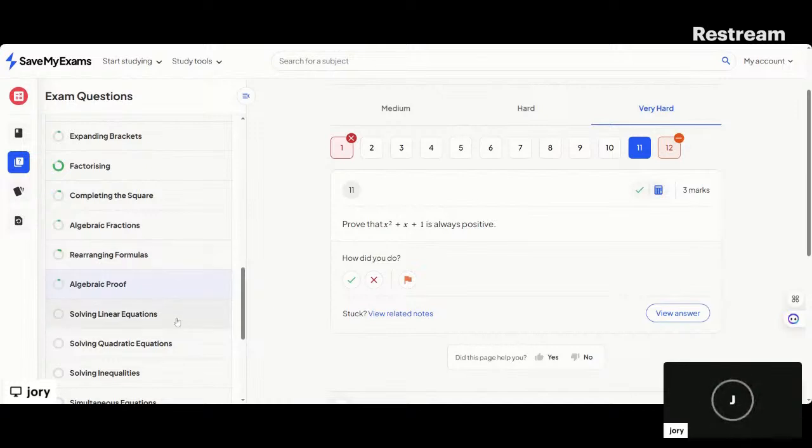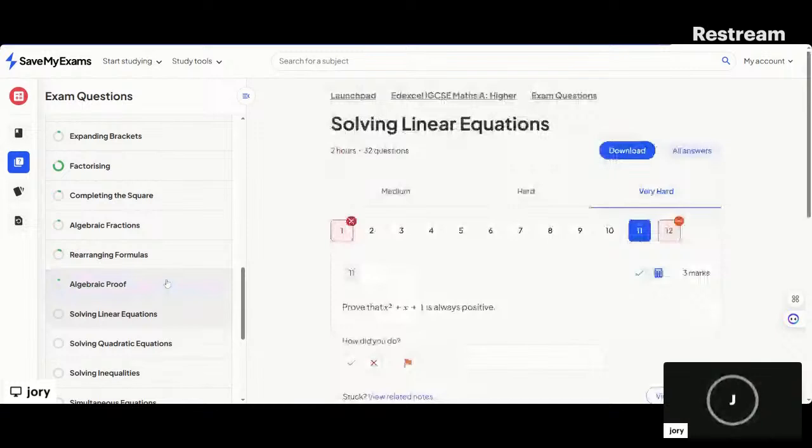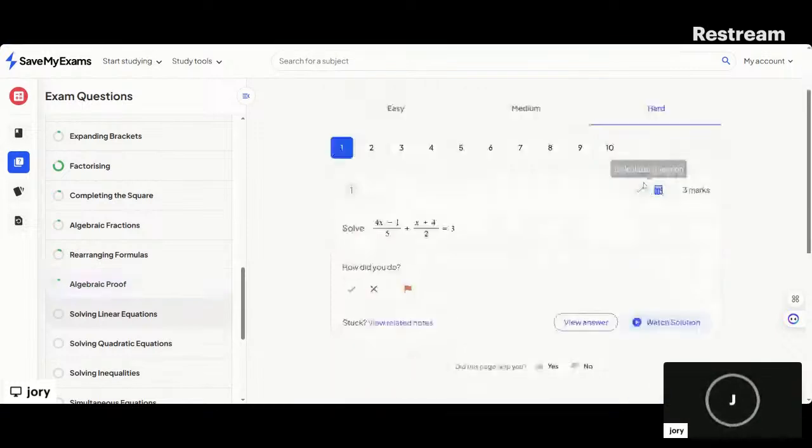Okay. Solving linear equations. Hard. Solve this. Find x. Okay. By 2. It's going to be 8x minus 2 plus 5x plus 20 over 10 equals 3.